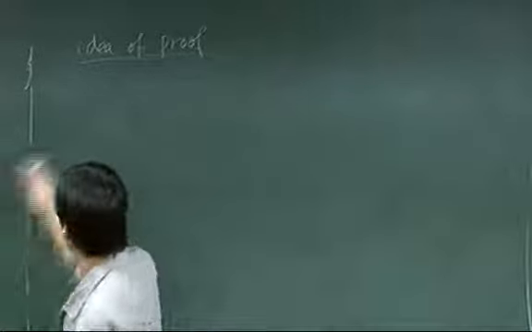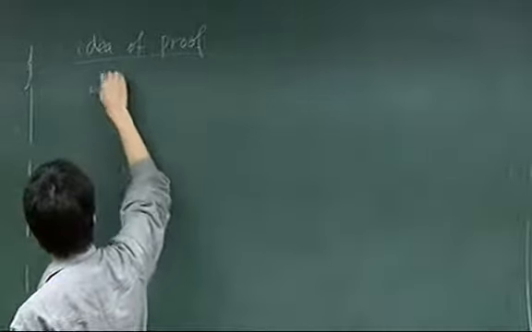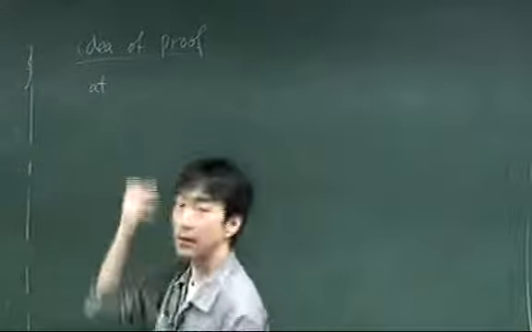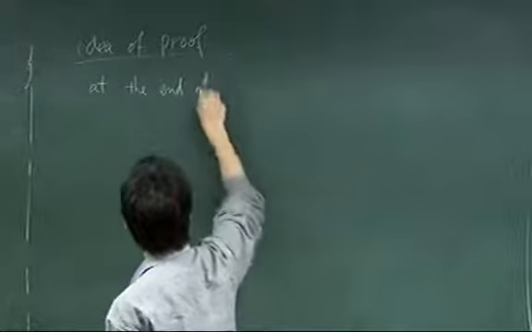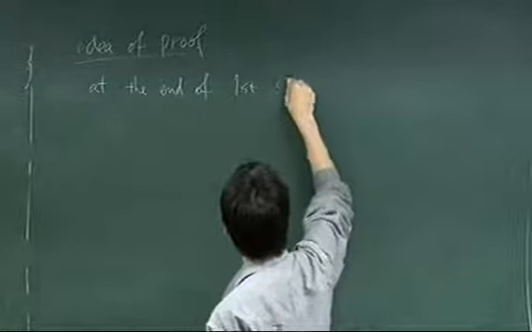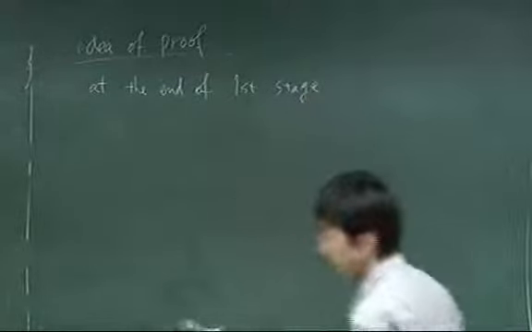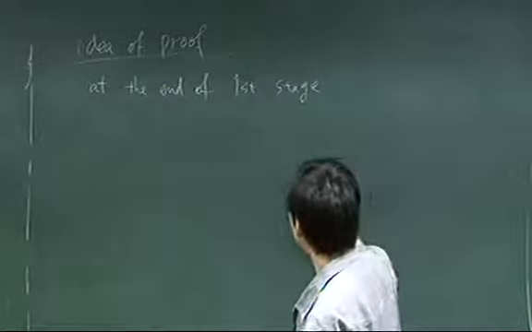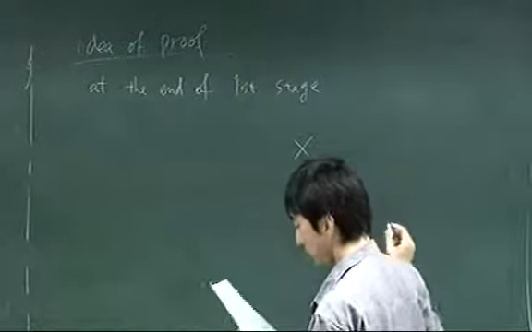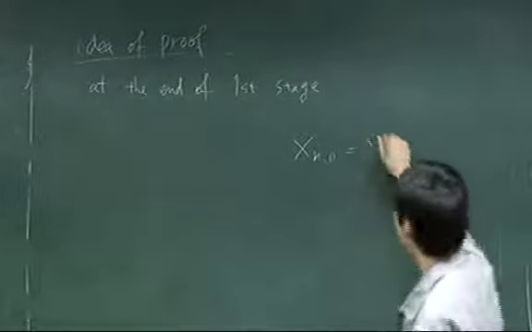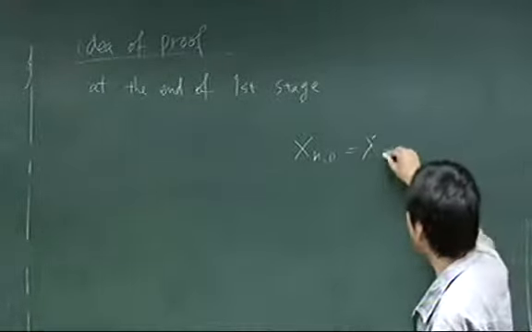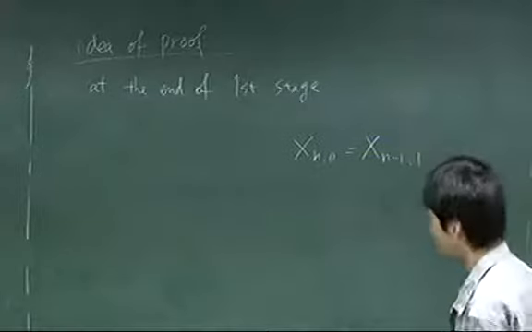So now we see the endpoint of the first stage. Then we have something, x n 0. This is the starting point of the next stage.